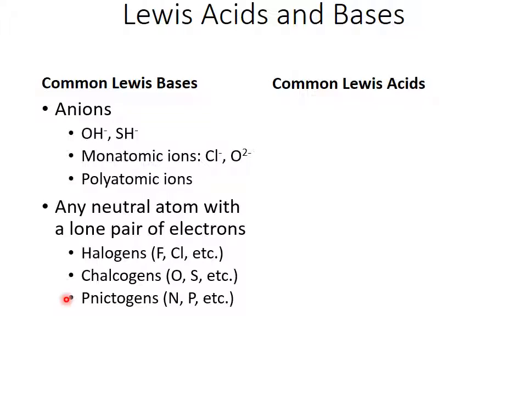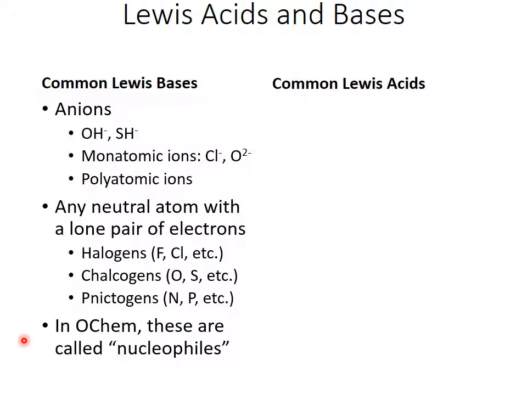As a matter of fact, some of the most common Lewis bases you will see are oxygen or nitrogen, because they have these lone pairs of electrons that are hanging out and can be donated to something. In organic chemistry next year, you'll call these nucleophiles. And they're called nucleophiles because you have this pair of electrons that is seeking the positive charge of a nucleus.